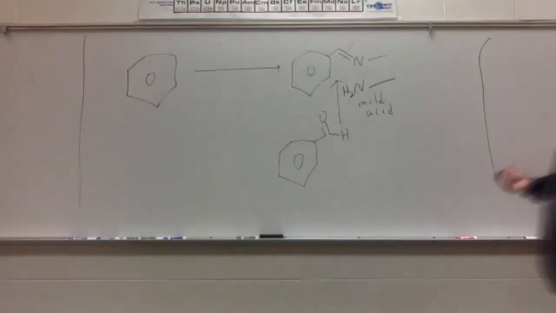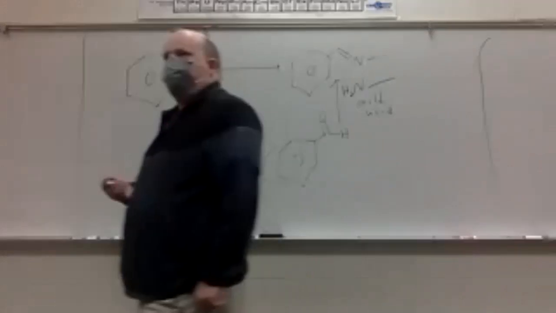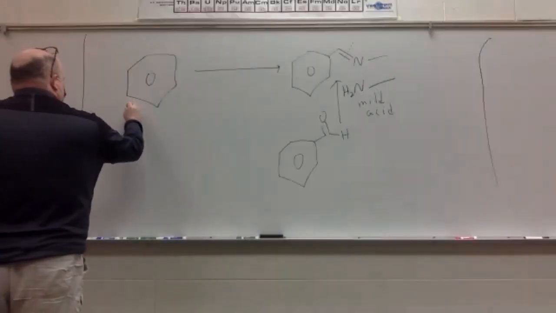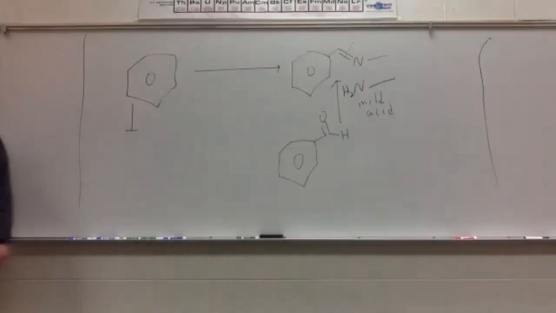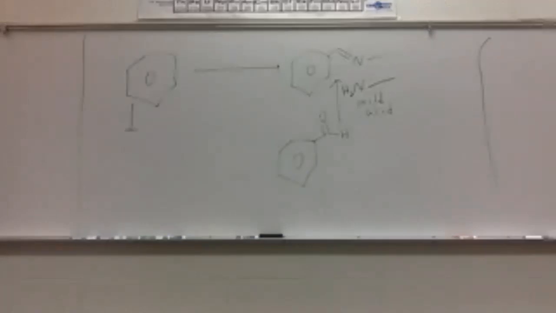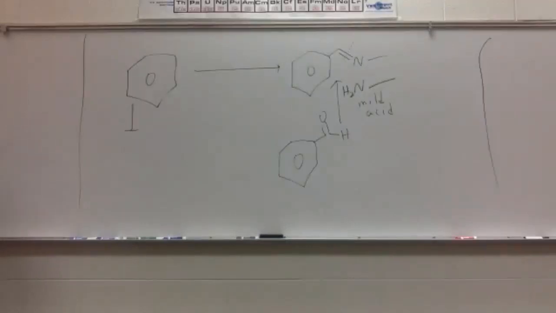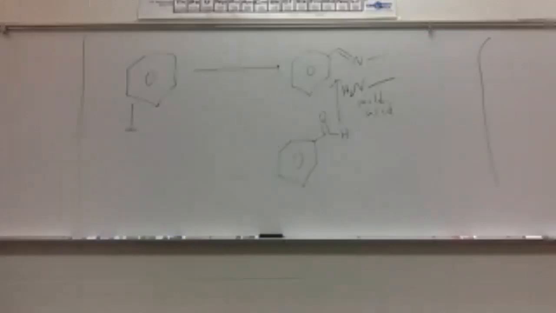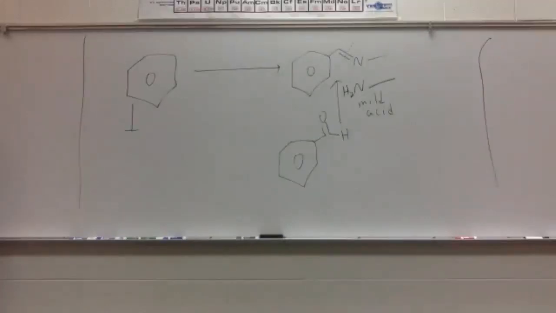All right, so how do we get one carbon onto a benzene ring? This will be on your exam. How do we get anything on a benzene ring? We have to use electrophilic aromatic substitution, right? Which one of those will get us carbon?